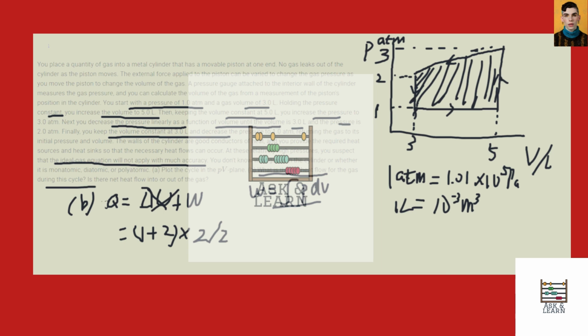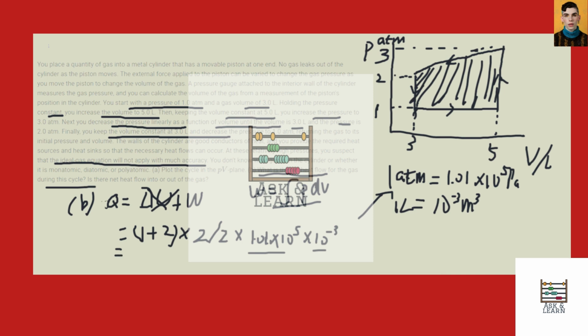So then you need to multiply by the factors for the unit conversion. The pressure factor is 1.01 times 10 to the 5th, times another one, which is 10 to the -3. These two factors come from the two unit conversions.